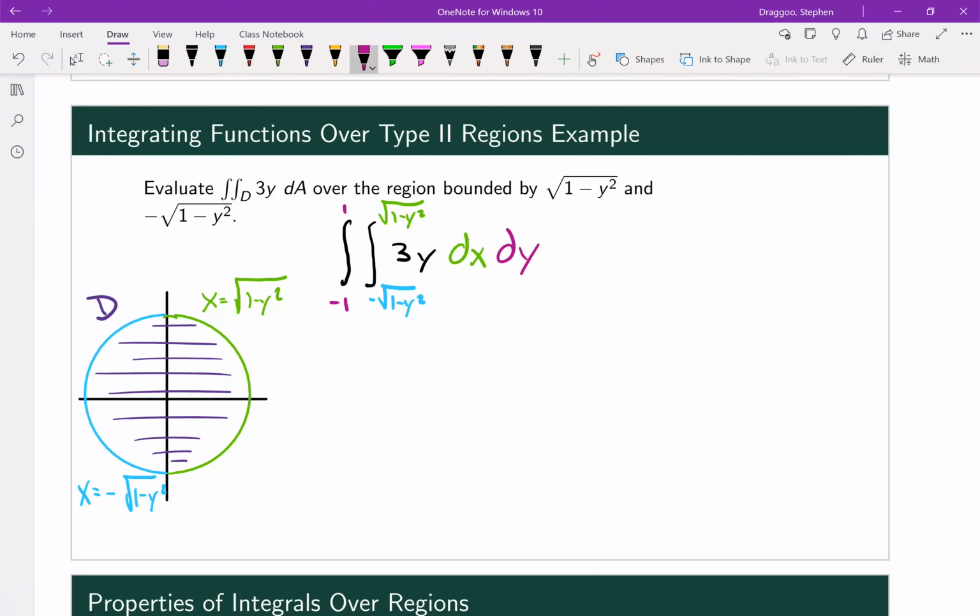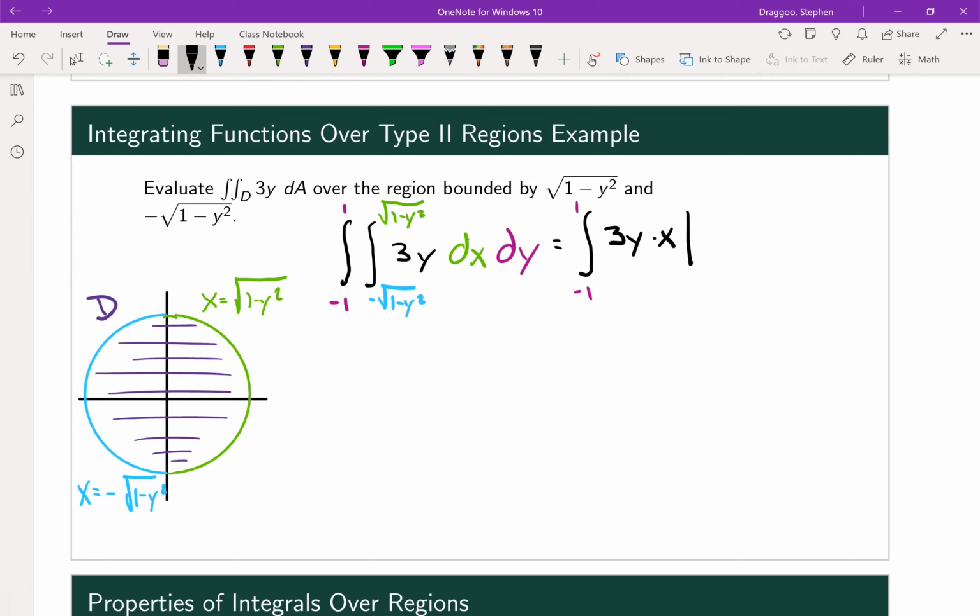All right, let's give this thing a shot. At least that x integral comes out to be pretty nice. We will just have the integral from -1 to 1 of 3xy. Well, let's just write it 3y times x.